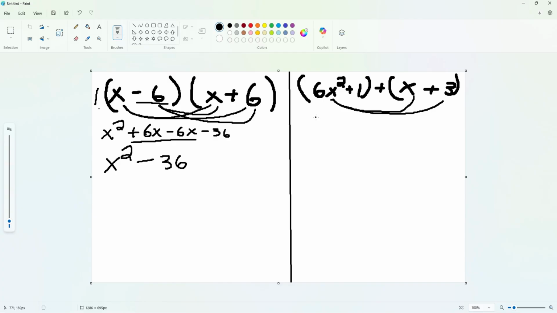So 6x cubed times x is 6x to the 3rd, alright? 6x cubed times 3 will be plus 18x squared. Finally, we have our 1's. 1 times x and 1 times 3, plus x and plus 3. Now, we don't need to add like terms here.